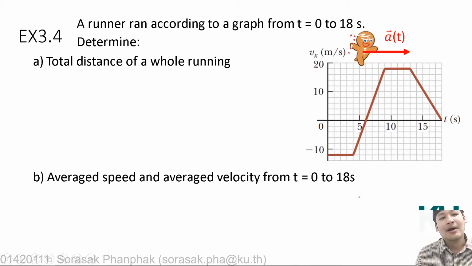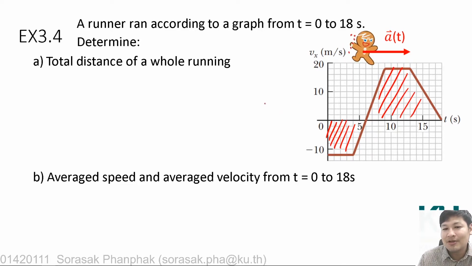Okay, now we move to an example of this case. As you can see, the v-t graph here represents the motion of this person. The area of the v-t graph represents the displacement, because s equals vt, right?